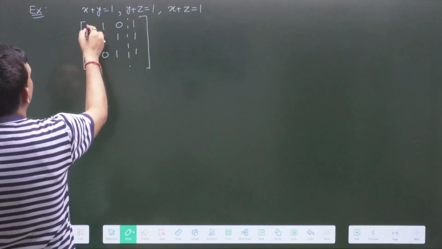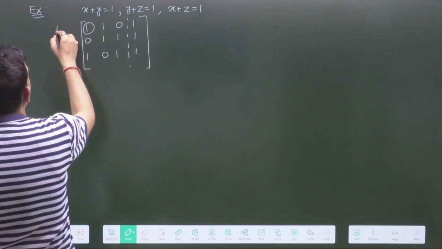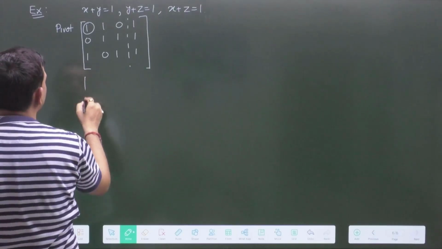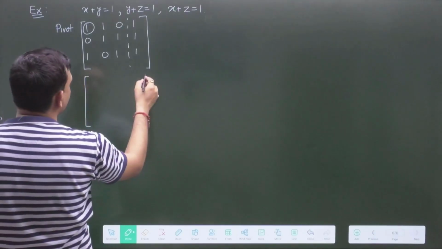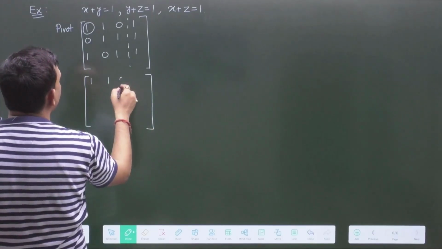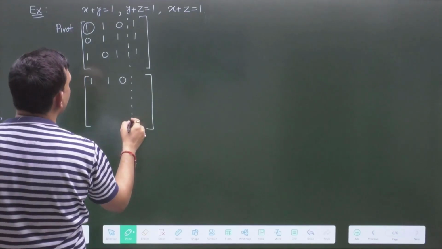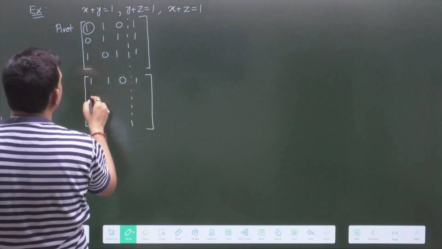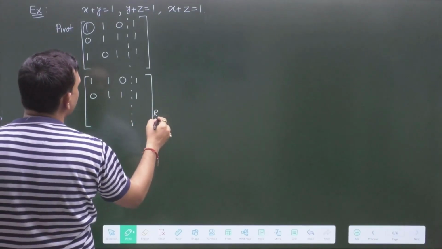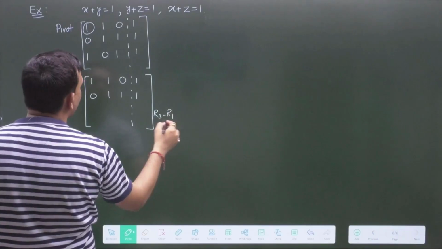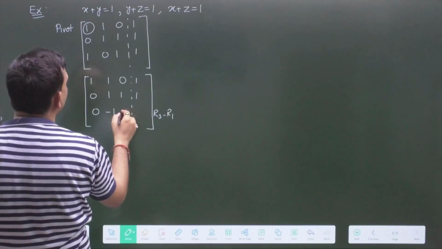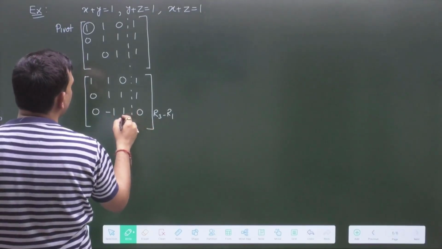So this will be the pivot row. 1, 1, 0, 1. So this will remain same, 0, 1, 1, and this will be R3 minus R1. So this is 0, minus 1, 1, and 0.